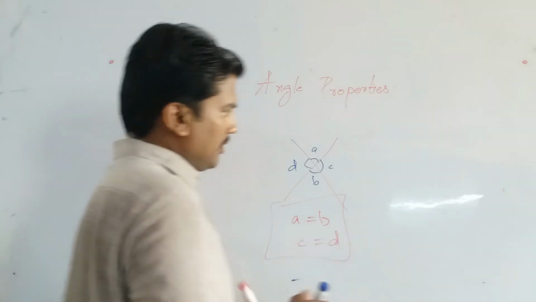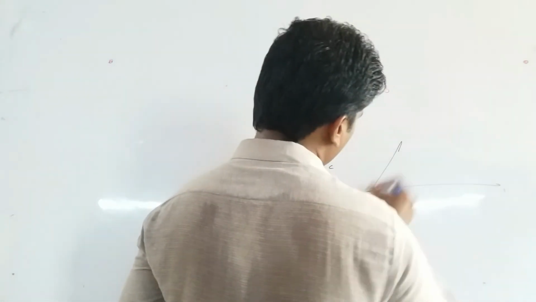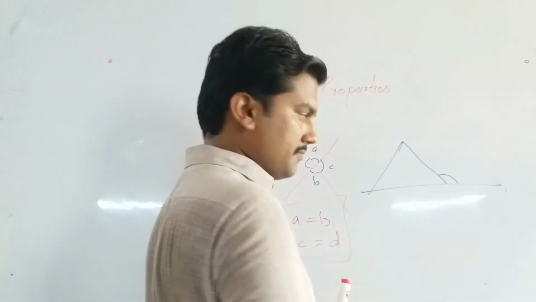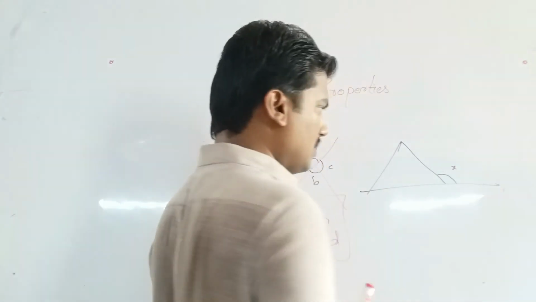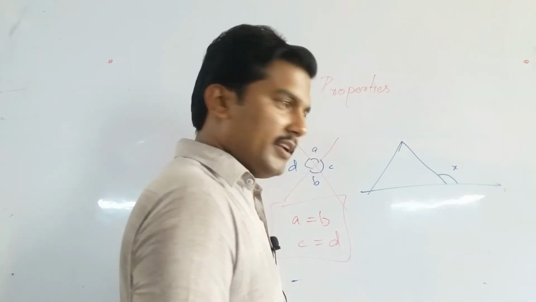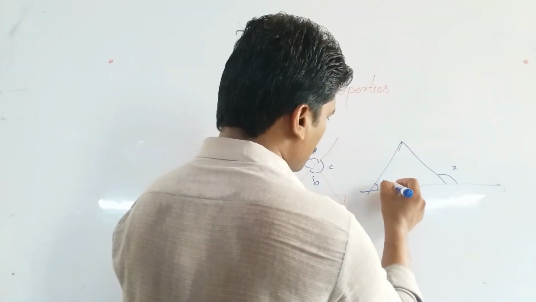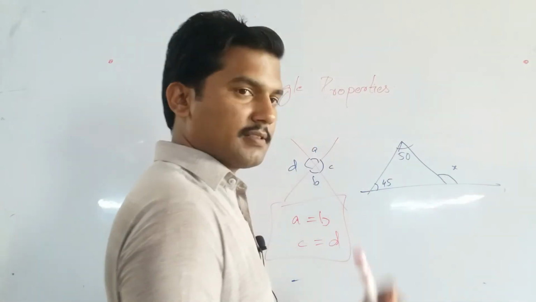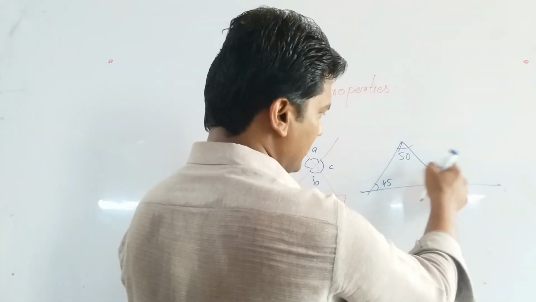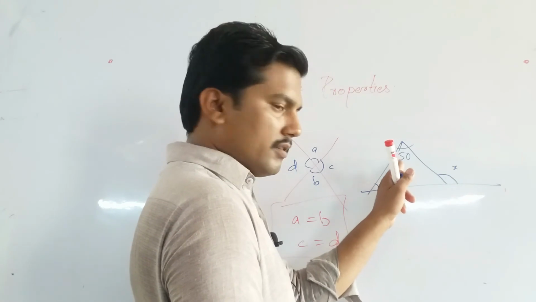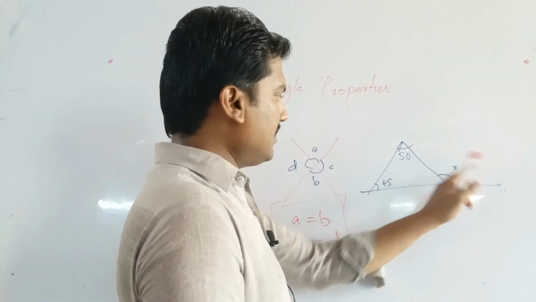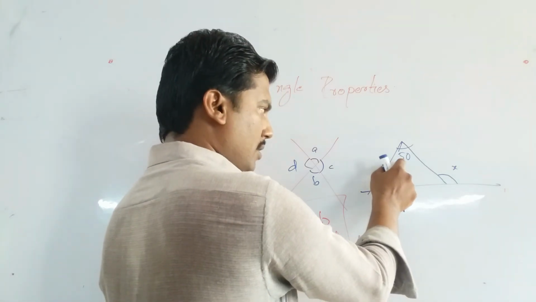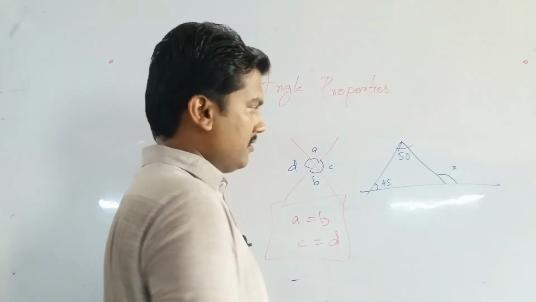And another thing, we have a triangle and this exterior angle. If we don't know the measure of the angle here, and we are given, suppose this is 45 and this is 50, then we can find this. The exterior angle of a triangle is always equal to the sum of the opposite interior angles.